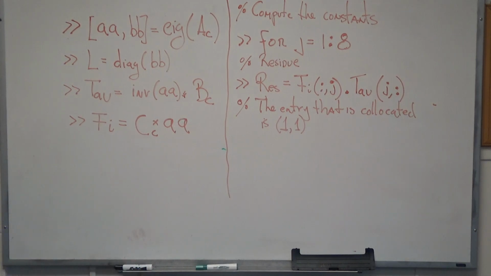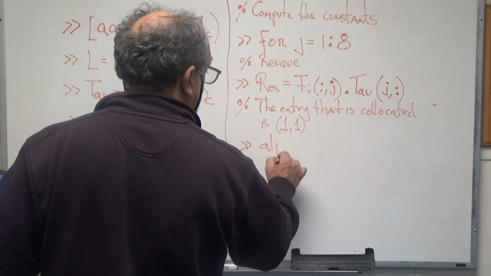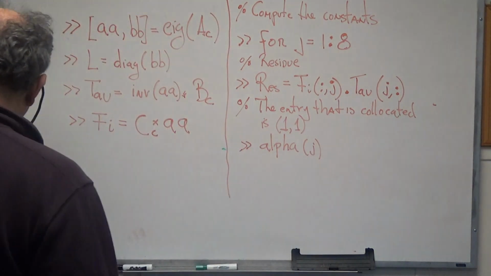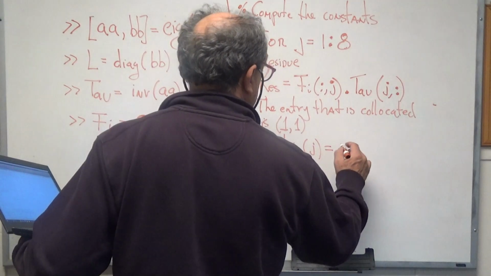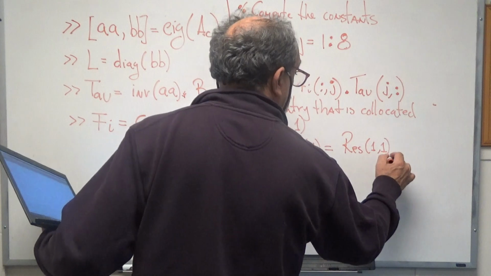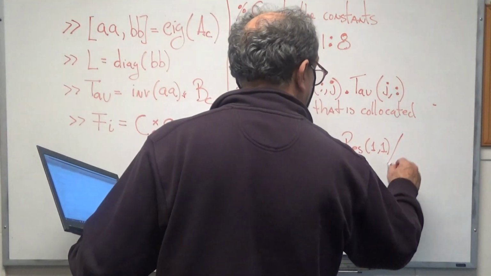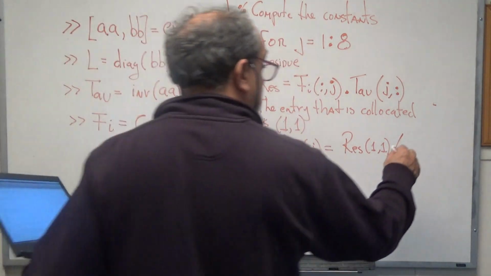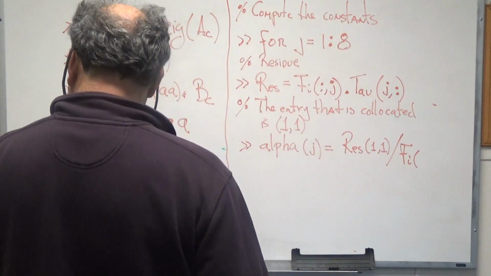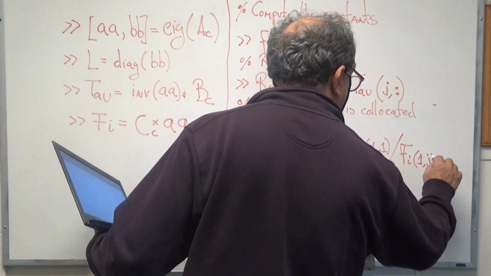Now, that means then that what we have, if you look at the notes, would be that alpha j, that is the constant, will be simply the residue, the 1, 1 position of the residue, right? Divided by the phi, the first entry, because that's where it is, and mode j squared.